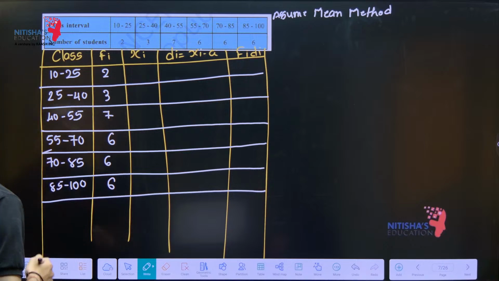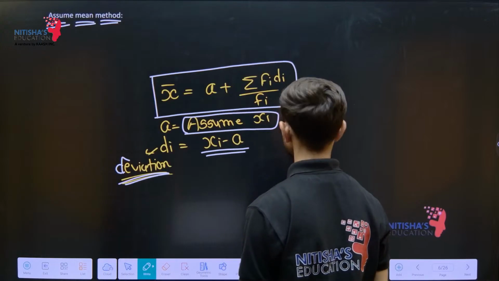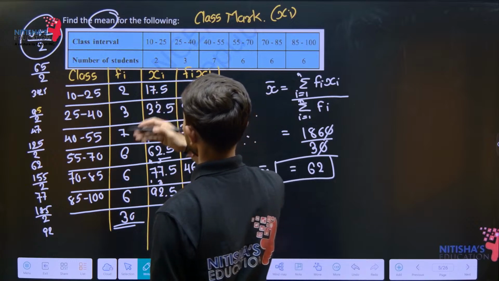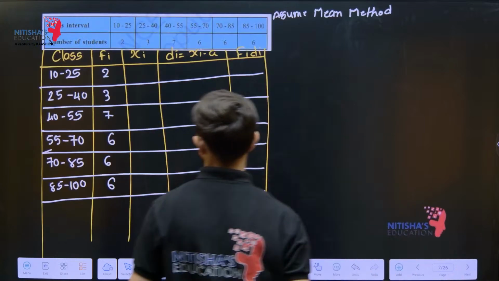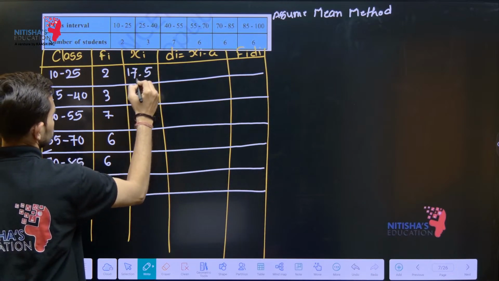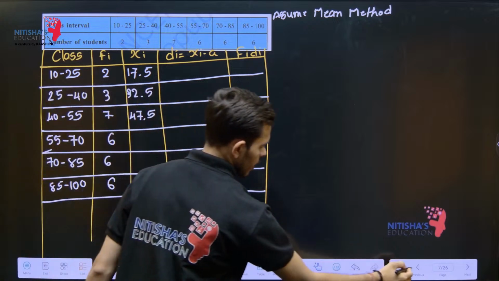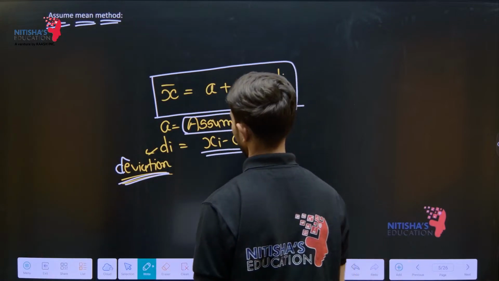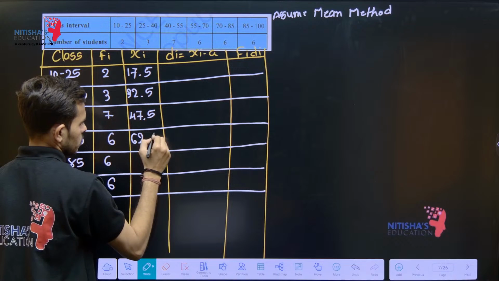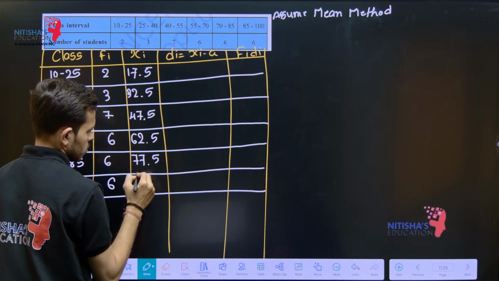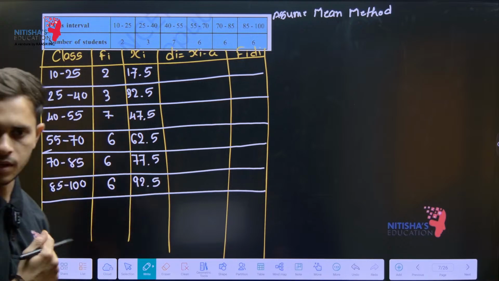So xi we have already found for these intervals in the previous question, which is 17.5, 32.5, 47.5, and the other xi values, which we already found in the previous question.